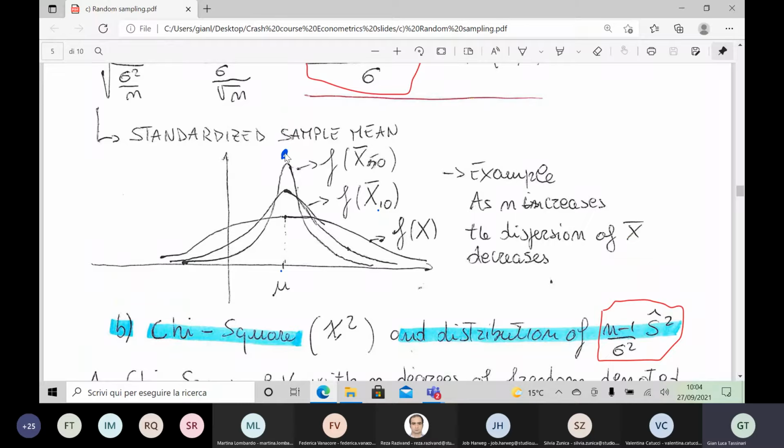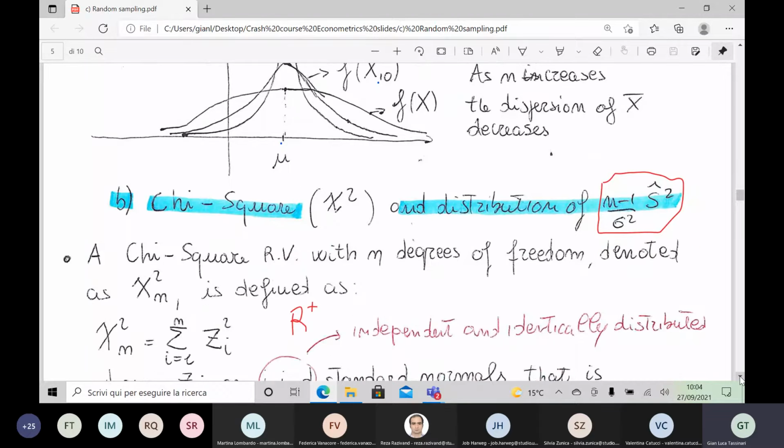So x bar infinite, where infinite means the dimension is infinite, is a degenerate random variable which will assume for sure the value mu with probability 1. That being said, we go to the second case, and after having finished it, we will do the break.